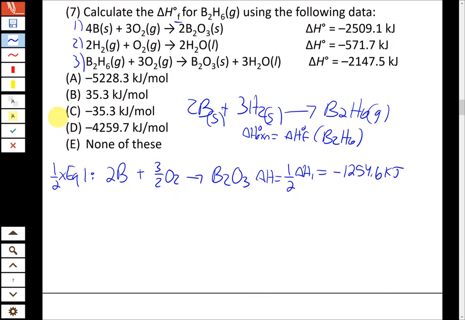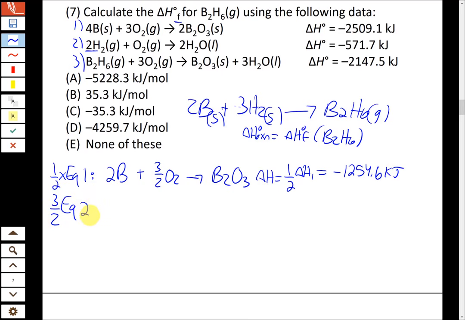All right, and then what we're going to find out is what we do with the other ones. So our overall equation we're trying to find delta H for has 3 H2s. H2 appears in equation 2, but with a coefficient of 2 and not 3. So what do we have to multiply equation 2 by to get this coefficient of 2 into coefficient of 3? Any takers on that? 1.5 or 3/2. So I heard a 1.5, so that's correct. I'll put it in as 3/2, the same thing.